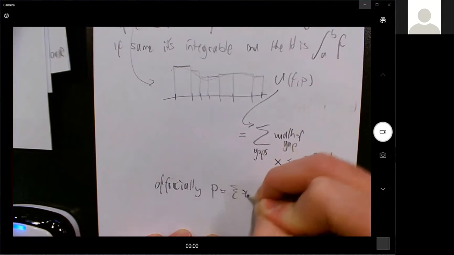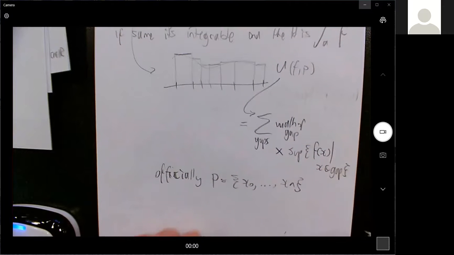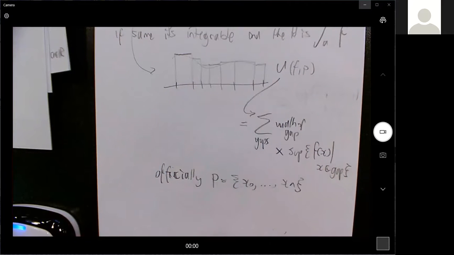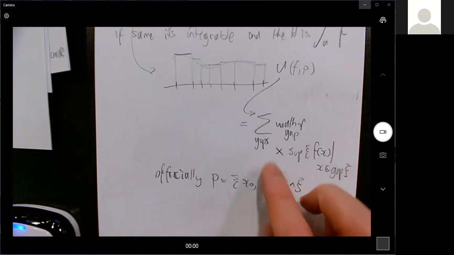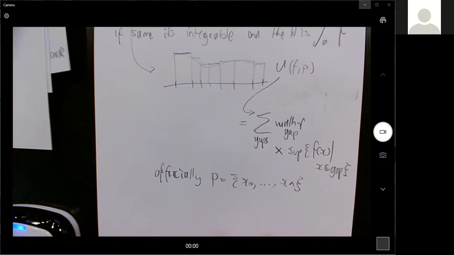P is just the list of x0 up to xn, which are the dividing lines between the subintervals. Okay. So the reason they do this is it makes it easier to talk about refining partitions, because you can include just extra x's and then you've got a new set of endpoints.